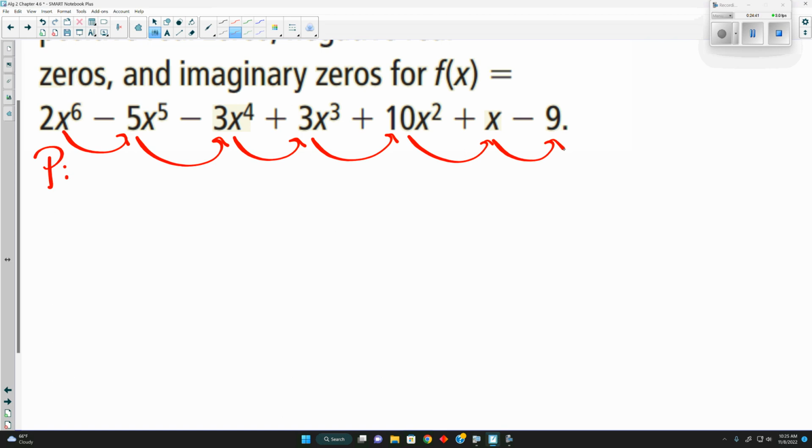So from x to the 6th to x to the 5th, does the sign change? Well, yes. From x to the 5th to x to the 4th. X to the 4th to x to the 3rd. X to the 3rd to x squared. X squared to x. X to 9. So we have a total of 3. So the total possible, most positives that we can have is 3.